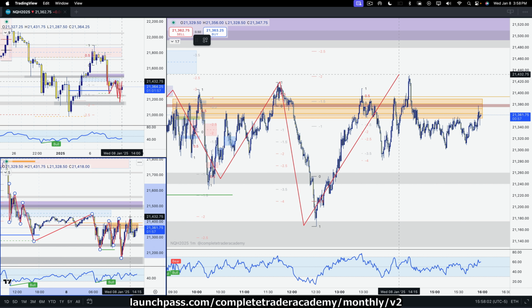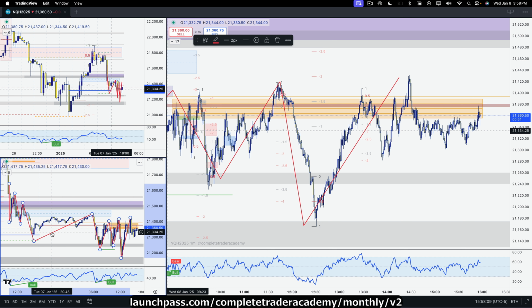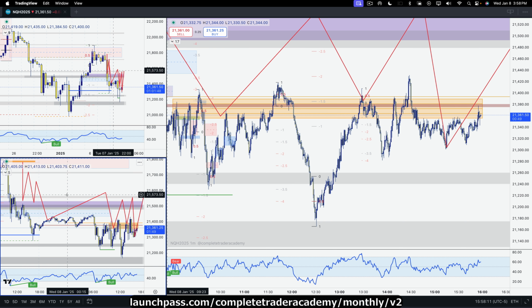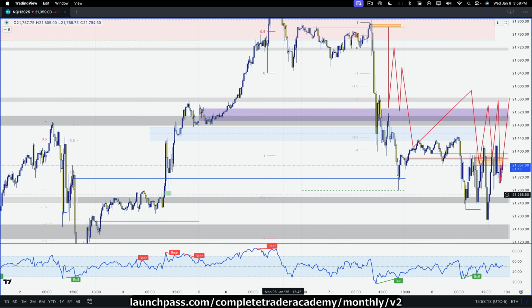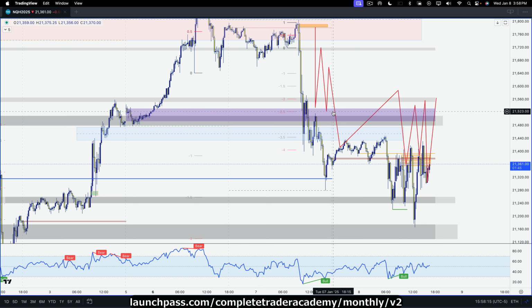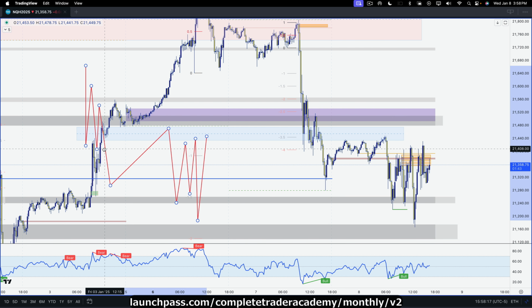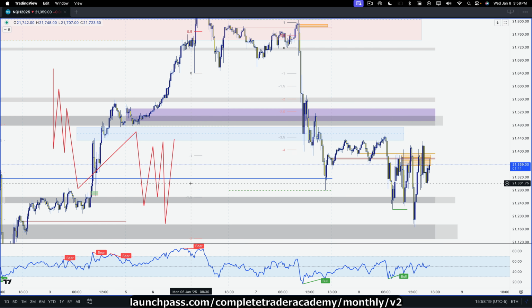So this could be a break of structure for here. We'll see. And then if you take a look at what that looks like here. Oh boy. You'll see it pretty clear, right? See that? So the lower highs are respecting here.